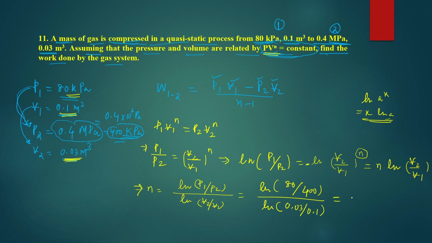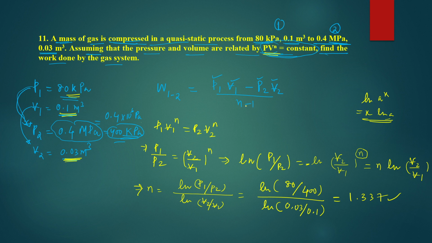Let us calculate this one: ln of 80 divided by 400, divided by ln of 0.03 divided by 0.1, right? We're getting this value of n as 1.336, here we can write 1.337. So this is the value of n, right?